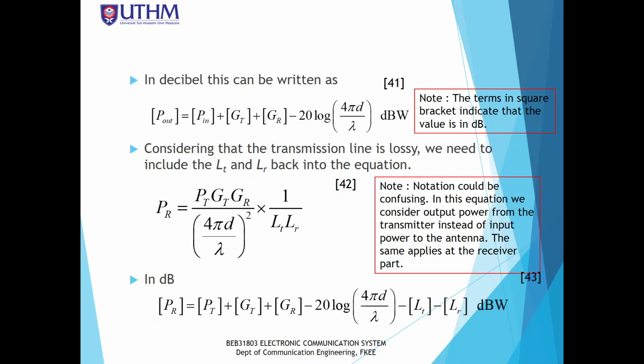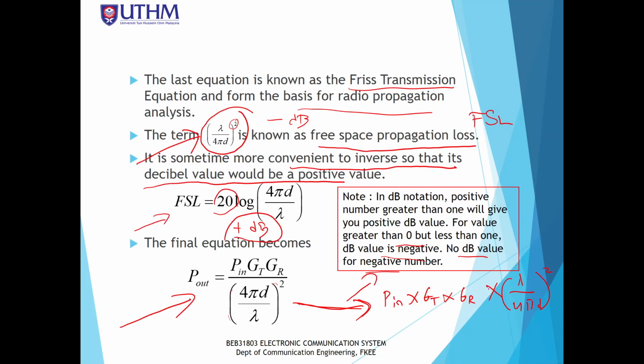So therefore, the final equation becomes like this in decibel. Okay, the final equation becomes like this. So you see that here, this is also the final equation. Jangan confuse.